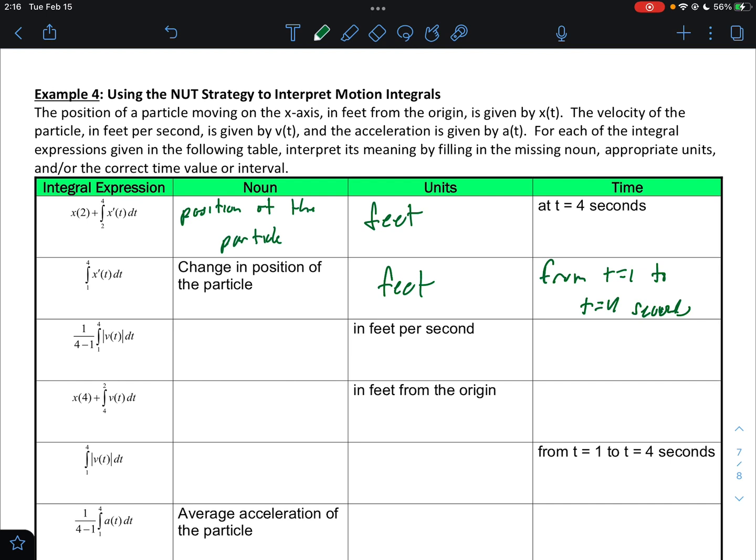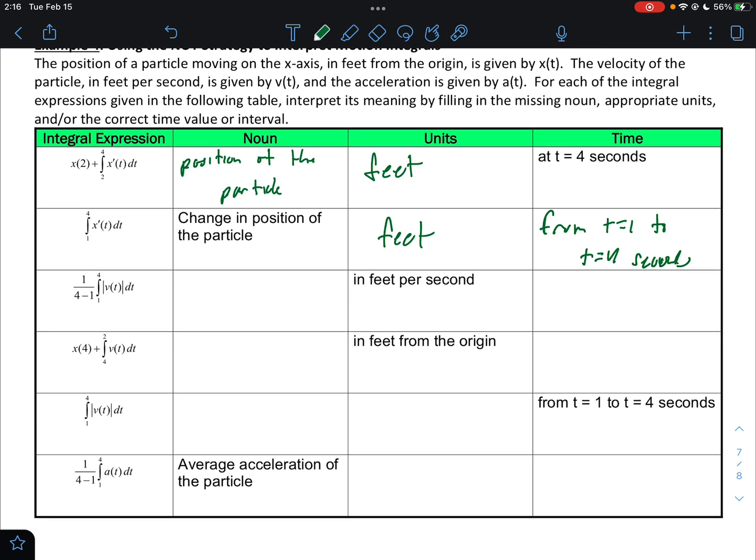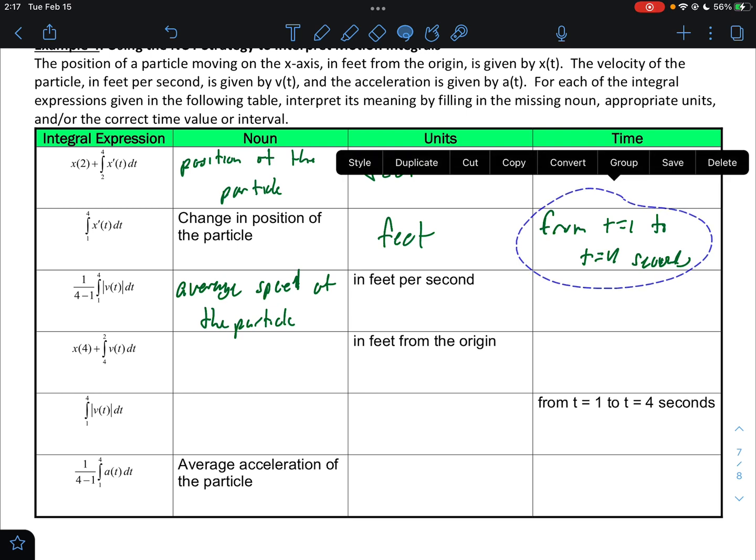The third one, this is an average value function. Average value of what? Average value of the absolute value of velocity, which is the average speed. So this is the average speed of the particle. Speed is feet per second, and the time is, again, from 1 to 4 seconds.